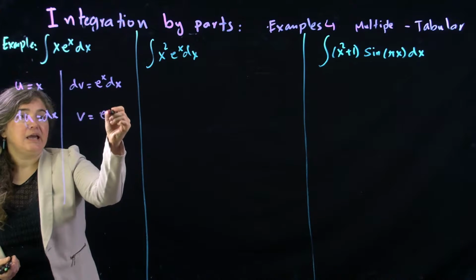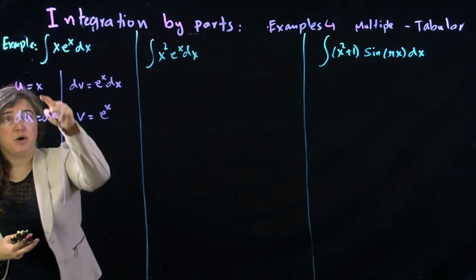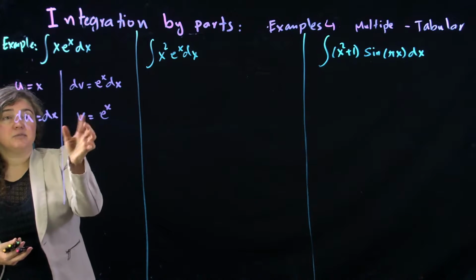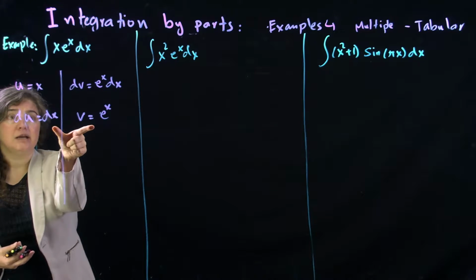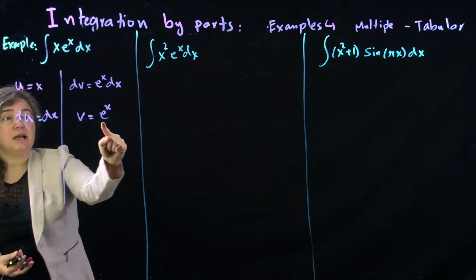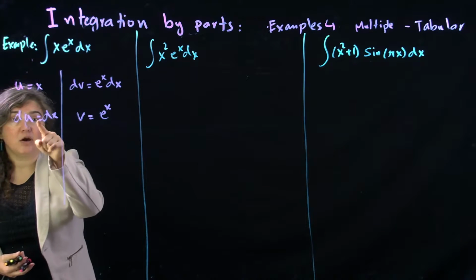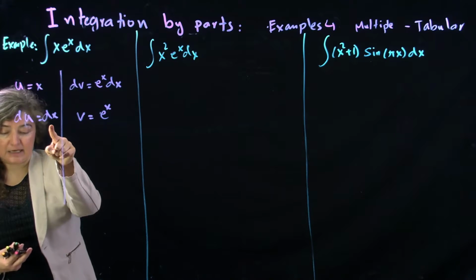E to the x. And then I knew that I have to multiply these two, then subtract the antiderivative of the second line. But the antiderivative of the second line is basically the antiderivative of e to the x, because I ended up with 1 times dx in here, right?